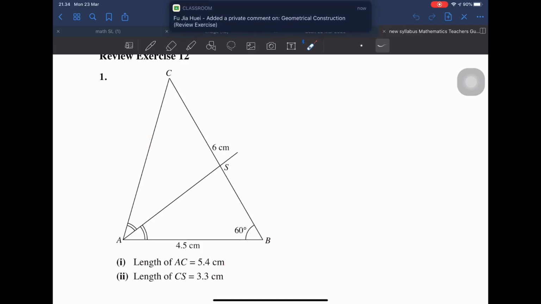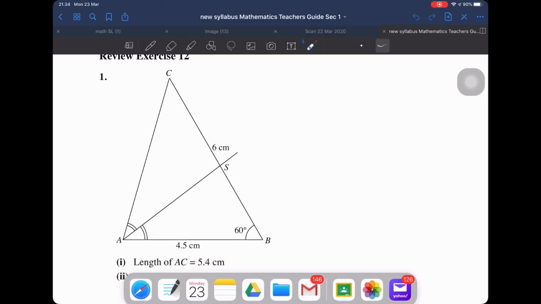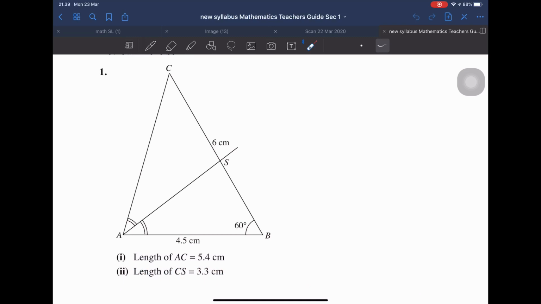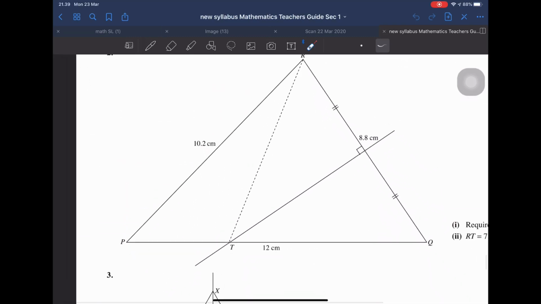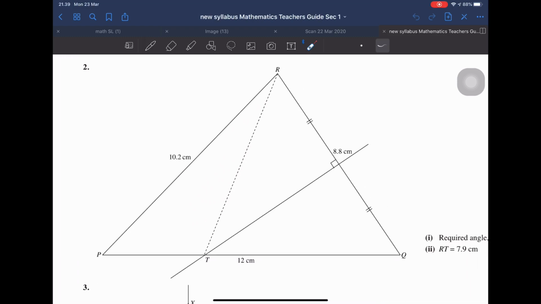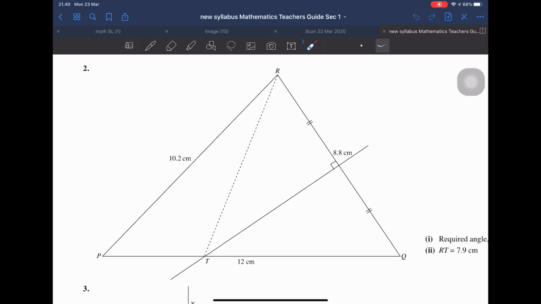Alright, let's continue. Number 2. The instruction was making a triangle. Let me see the question first.